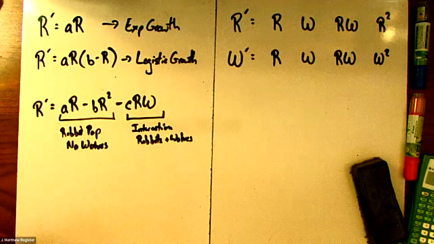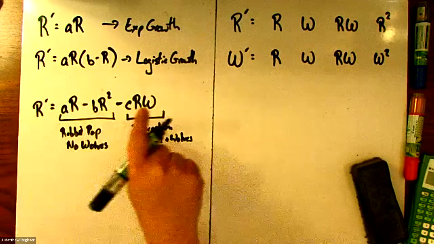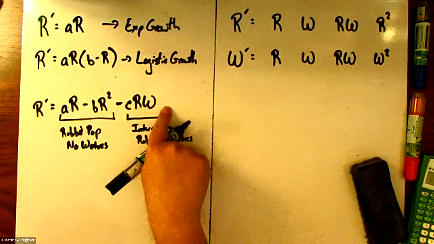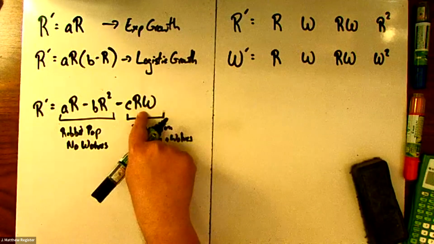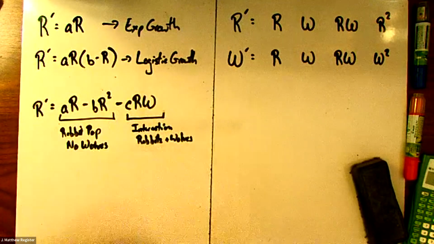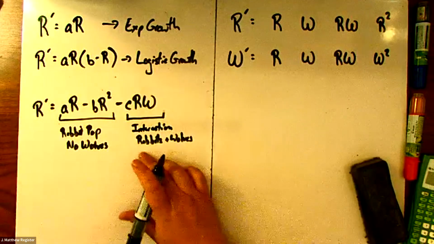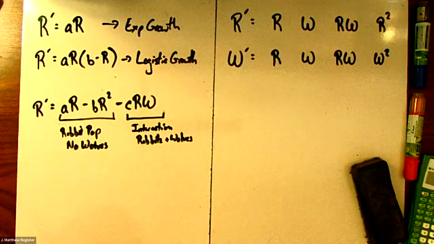It has a negative effect, because when rabbits and wolves interact, wolves eat the rabbits and the rabbit population decreases. This is telling us that the interaction between rabbits and wolves has a negative effect on the rabbit population.